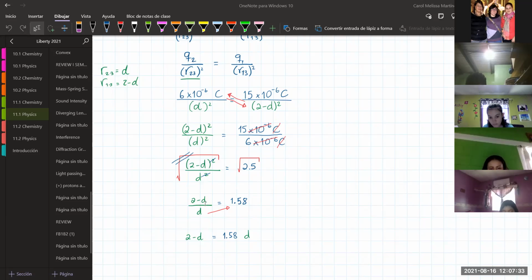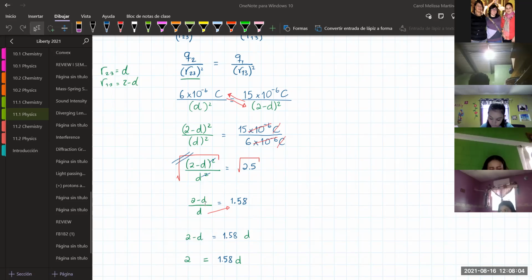And this should be on one side because it needs to be isolated. So you say 2 is equal to 1.58 d. Now, this d right here was doing a subtraction. So when it goes to the other side, it goes doing an addition.